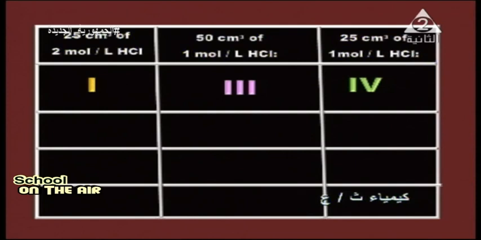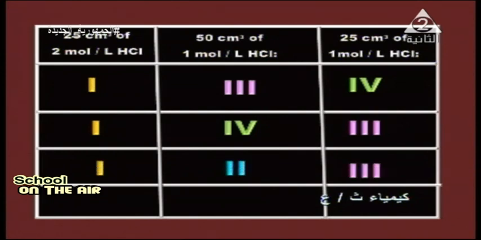My dear student, the cubic centimeter is changed into volume by multiplying by 10 to the power negative 3. Here the column 1 and column 2 give the same number of moles of HCl added, while for the 25, the moles decrease to half.